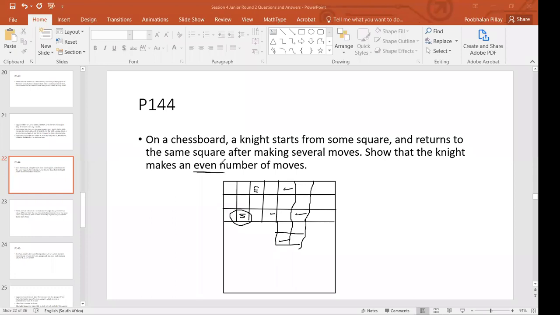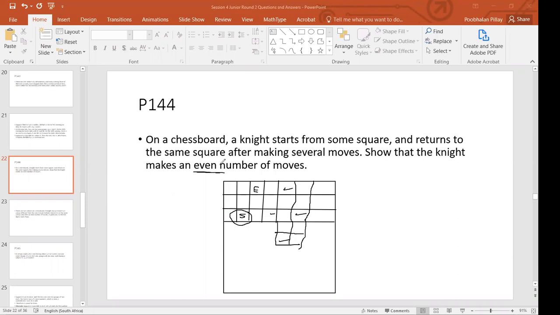Right, Nakshatra, can you not just move it to another square and then back? Because that's still 2 moves. That's right. But the question is now that you're making a very specific move, right? But that thing doesn't tell you that you're going to a square and coming back. It says you travel around. Okay, for that particular move, you got an even number of moves.